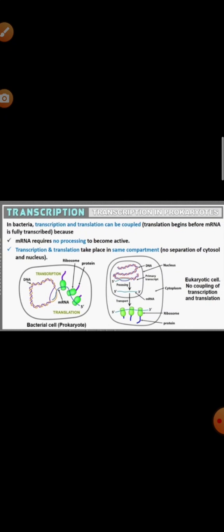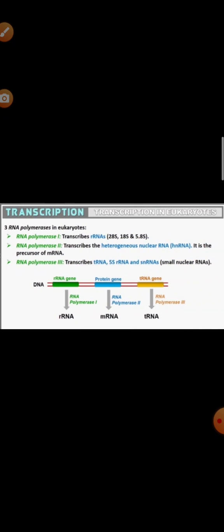In bacteria, what happens? The transcription and the translation processes are coupled. Why? Because the mRNA requires no processing to become active, and transcription and translation take place in the same compartment, with no separation of cytosol and nucleus. In eukaryotes, 3 RNA polymerases are there, and the primary transcript contains exons and introns, and these are non-functional, so introns must be removed.